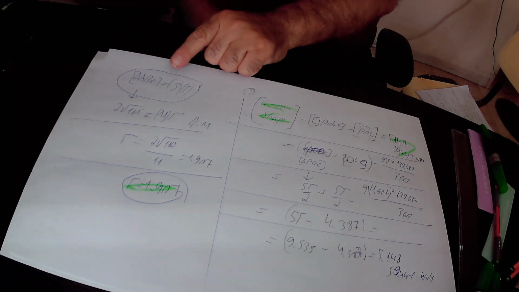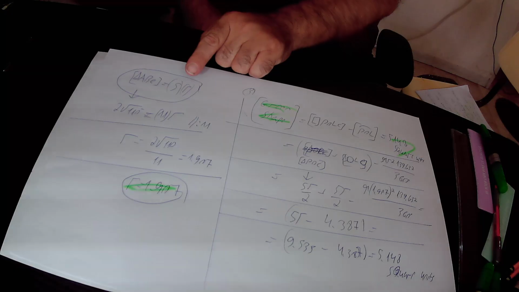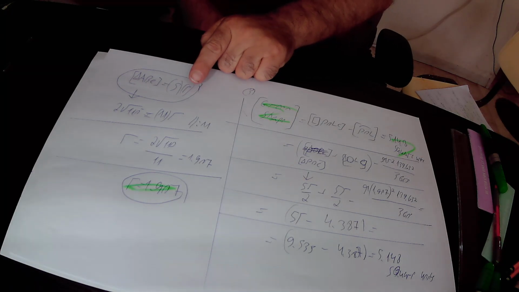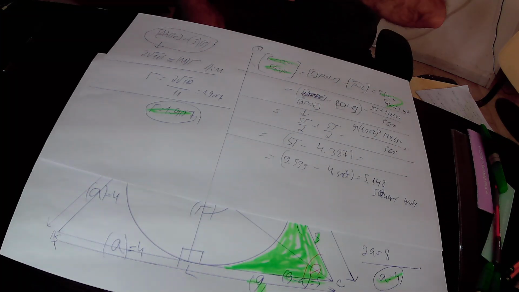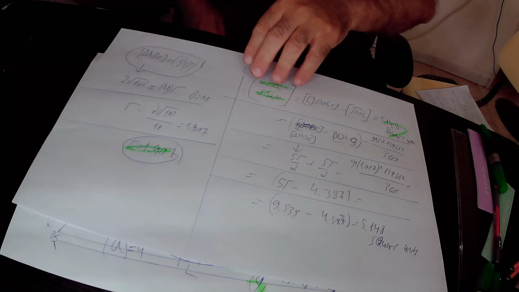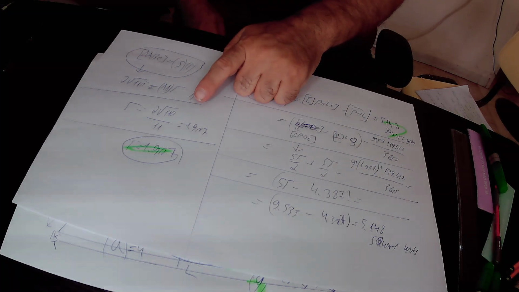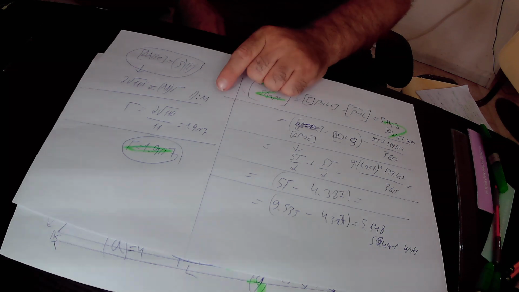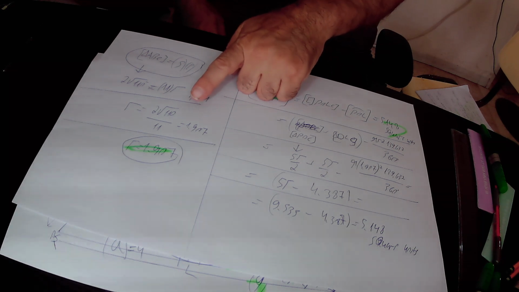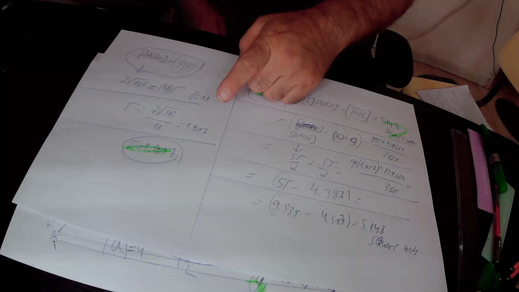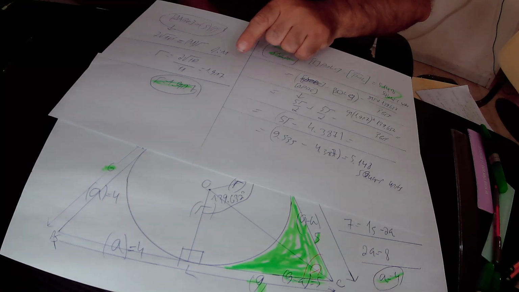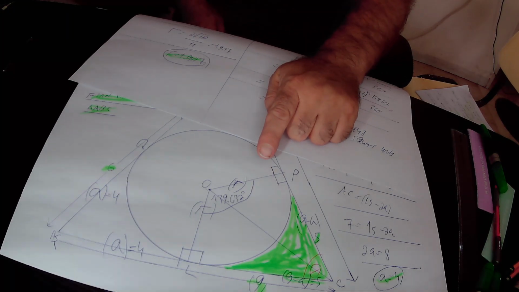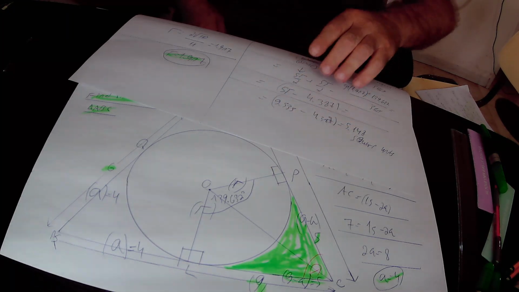So in total, 2 times root of 110 equals 11 times R. Here we divide this equation by 11, and find that the radius of the circle inscribed by triangle ABC equals 2 times root of 110 over 11, which equals 1.907 units in length. So the radius of this circle is 1.907 units in length.